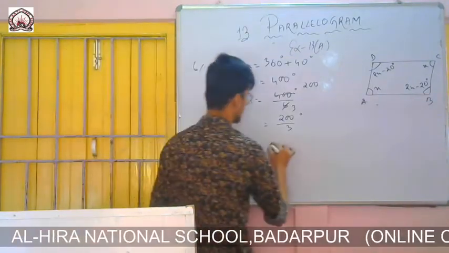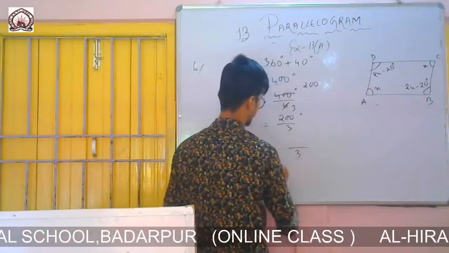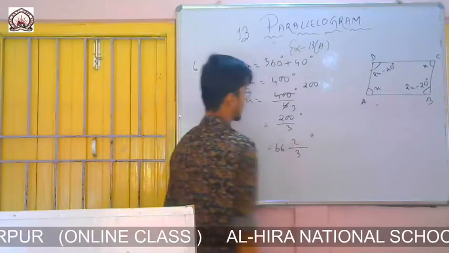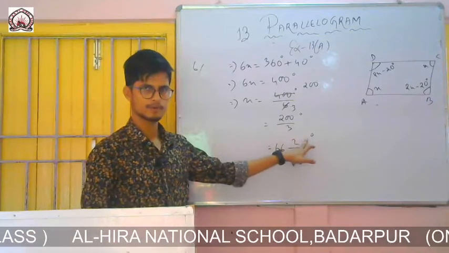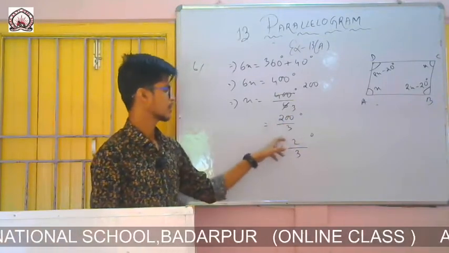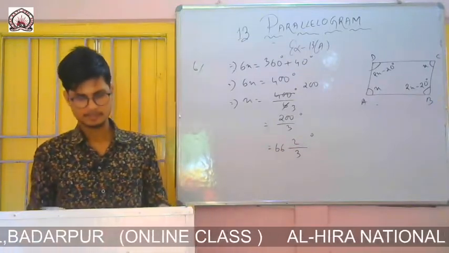If I want to write it in mixed fraction, I can write it as 66 2 by 3 degree. You keep the degree, or else the answer will be wrong because you are measuring angles. So 66 2 by 3 degree.